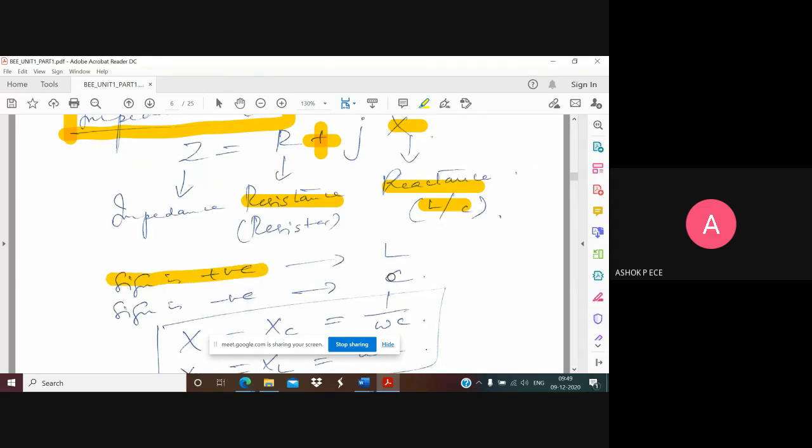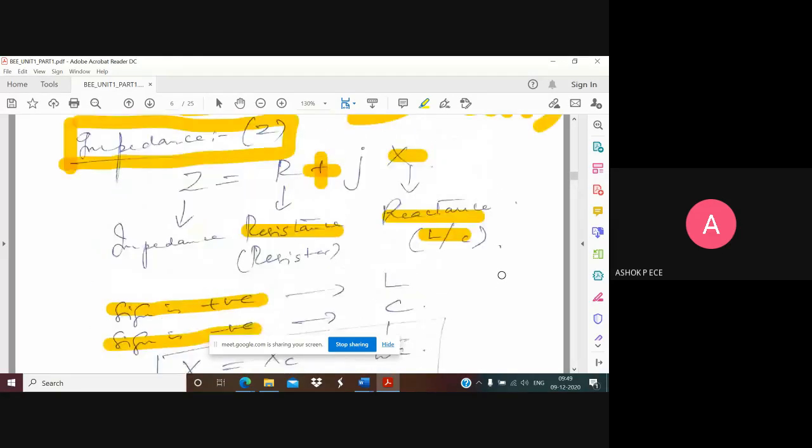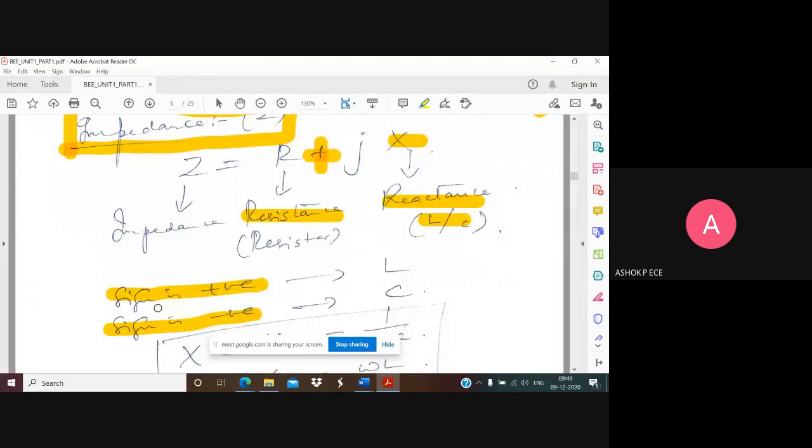If I use capacitance, the imaginary term is going to be negative. Is that clear? That one is very, very important. You have to understand the sign convention. If I use an inductor, I'll write R plus jXL. If I use a capacitor, I'll write R minus jXC, because the voltage and current are completely out of phase. In an inductor, voltage is leading. In a capacitor, current is leading.